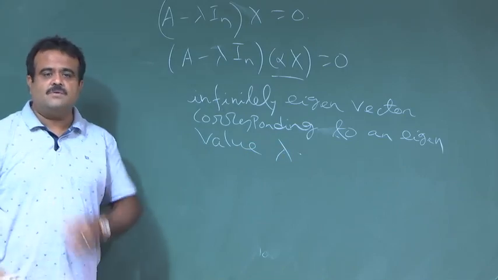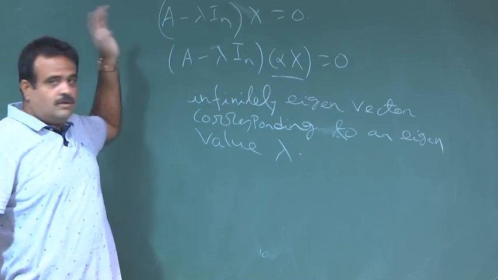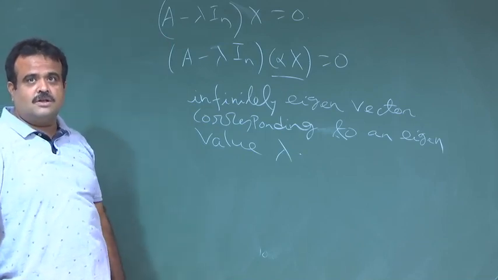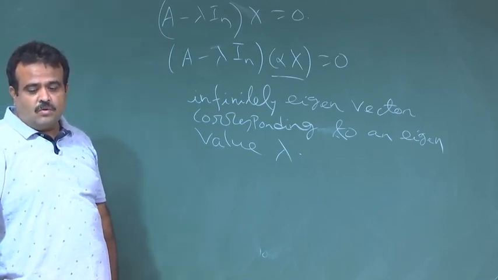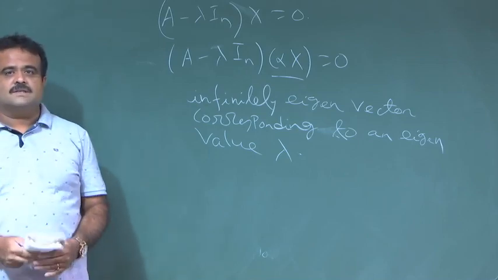Given an eigenvalue, we have infinitely many eigenvectors, because those are the non-zero solutions of this system of homogeneous equations. Okay, we will continue this in the next class. Thank you.